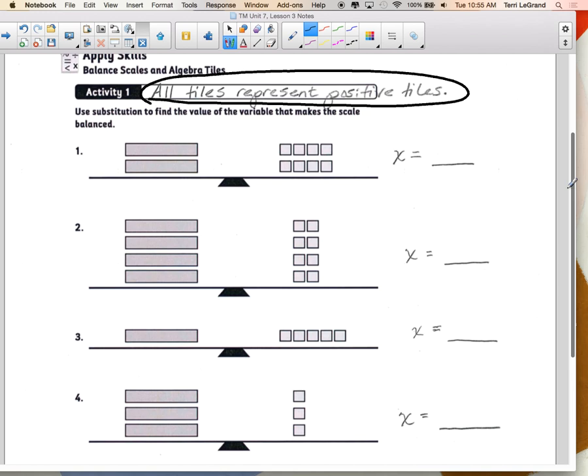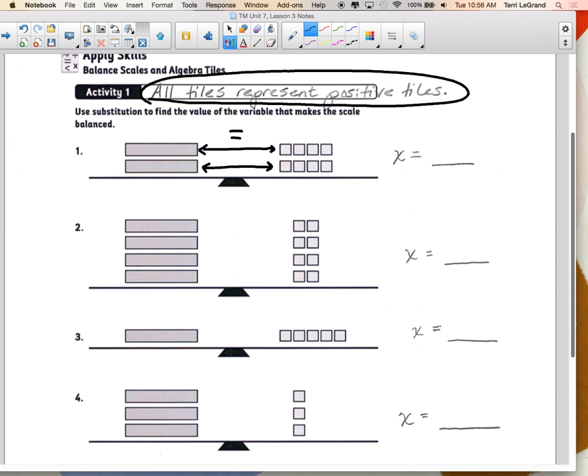In fact, we have to make sure that they both get the same amount, but across from this X tile, those two could really trade sides because there's an equal sign right here. There's an equal sign. So since each X tile can be paired up with 4 unit tiles on the other side, they really could just jump over and take the place of the X. So what is our X equal to then?